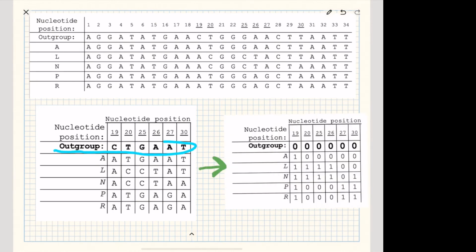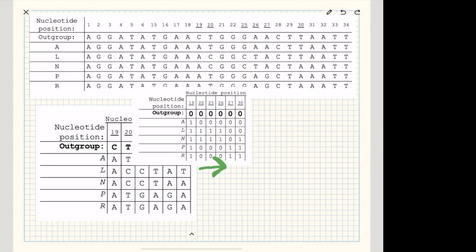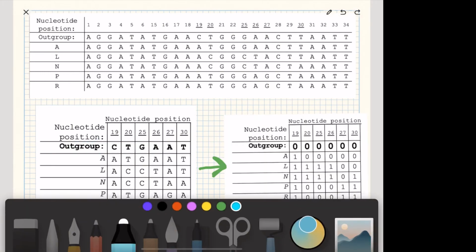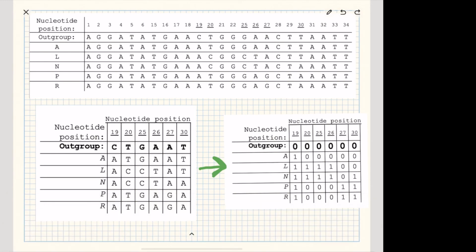Since this is just a matrix of characters and character states, we have done this before. We can turn the character states of the outgroup into zeros, and we can turn the character states that are different from the outgroup into ones. That's exactly what I've done here. For example, let's look at nucleotide position 20. The outgroup had a T, and so we turned that into a 0.